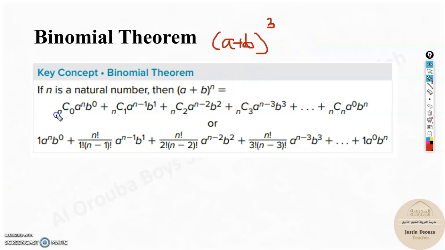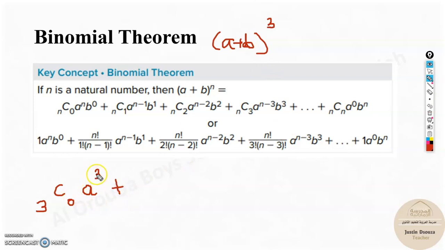What would it mean? It means that n is the degree, that is 3. So I have to start with 3C0. And what about the first term? a will be the highest degree and b will be the lowest degree, 0, that is 1, so I don't need to write it. Plus, and we continue just like Pascal's triangle.